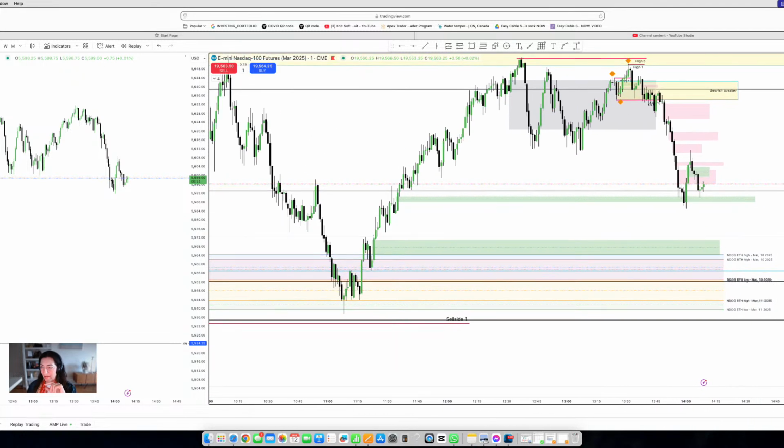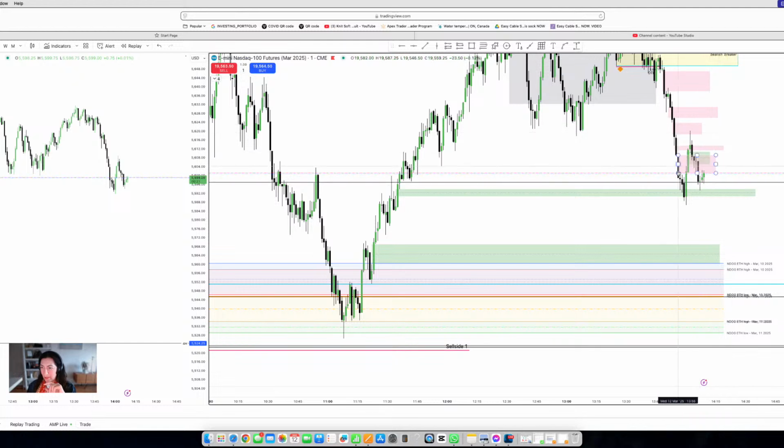Interesting reaction, eh, here? The Asia high. So we came down once, immediately moved back up. We've come back down to test and immediately bounced back up.